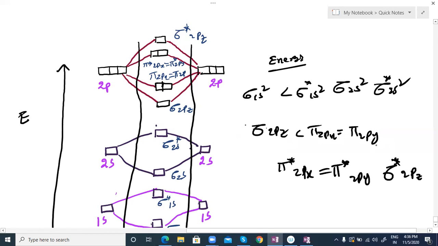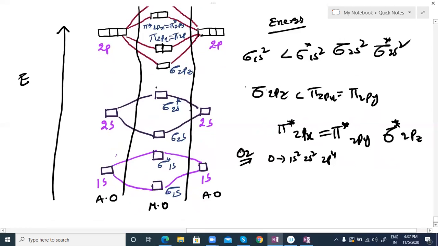We can discuss O2 molecule formation here. The oxygen electronic configuration is 1s2, 2s2, 2p4. Got it? This is the electronic configuration. I am taking one oxygen atom here on the left side and another oxygen atom on the right side. We are filling electrons according to the electron configuration of the atom.